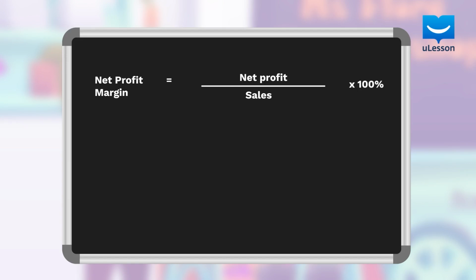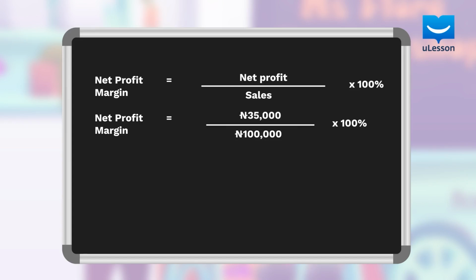If we use this formula to get Ms. Flora's net profit margin, it would be the net profit of 35,000 naira divided by the sales of 100,000 naira multiplied by 100%. This means that Ms. Flora's net profit margin is 35%.